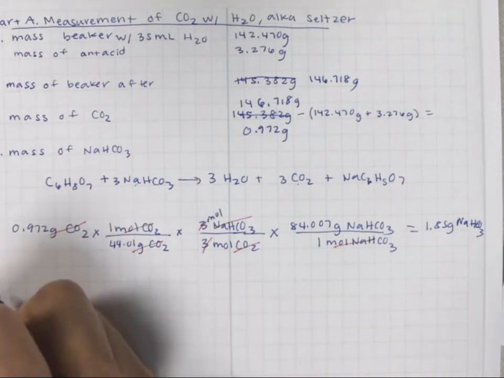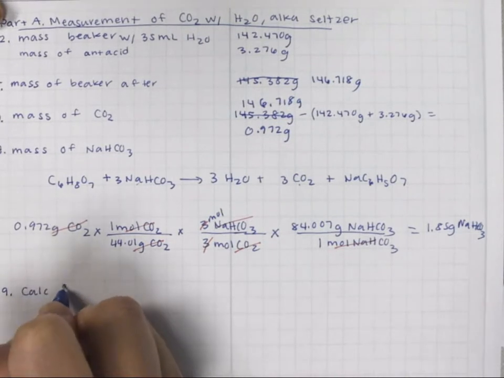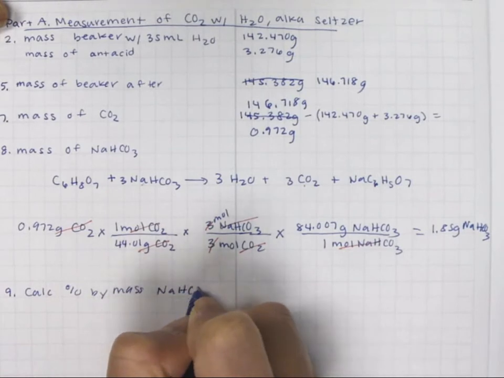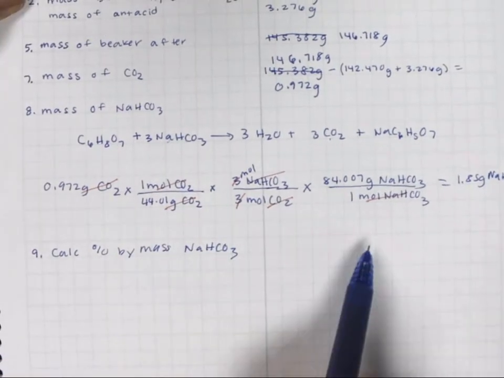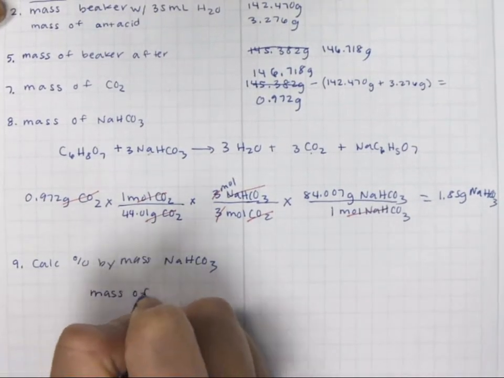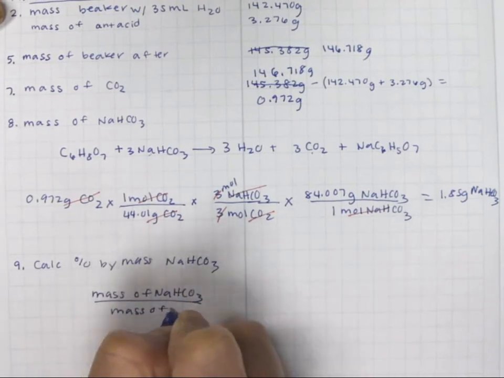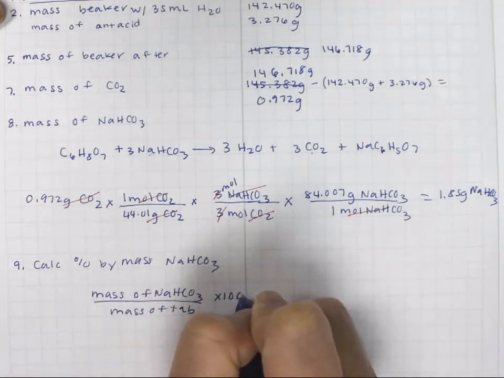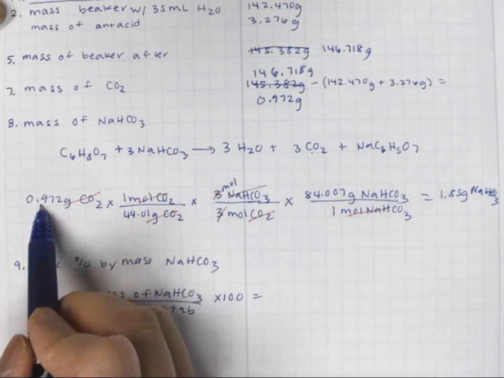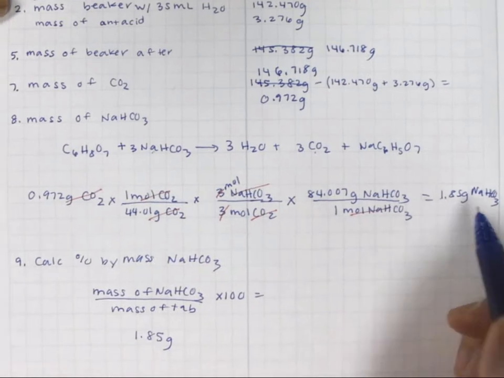All right, the next calculation is for number 9, and that's calculating the percent by mass. You would do that from the mass of NaHCO3 divided by the mass of the tablet, times 100. So for us, that would be 1.85 grams. I'm just going back here. I have 3 sig figs here. This is multiplication and division, so we get 3 sig figs on the end. That's 1.85 grams.